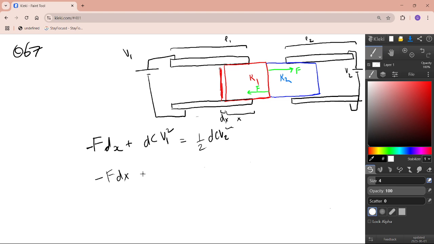It should be minus F dx, is equal to minus half dC V1 squared. So F dx equals half dC V1 squared.